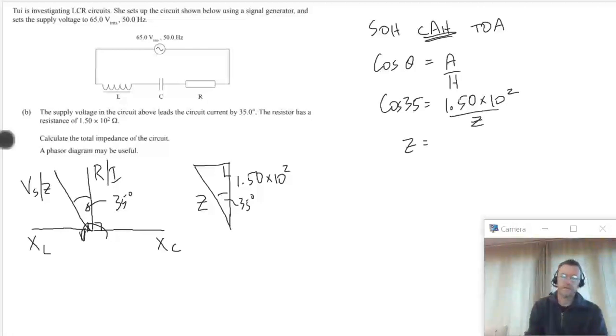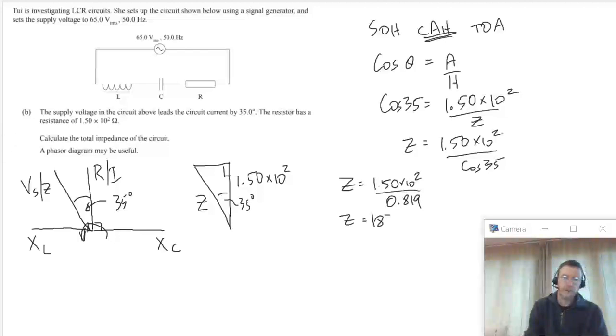Z equals 1.50 times 10 squared divided by cosine of 35. Z equals 1.50 times 10 squared divided by 0.819. Z equals 183 ohms.